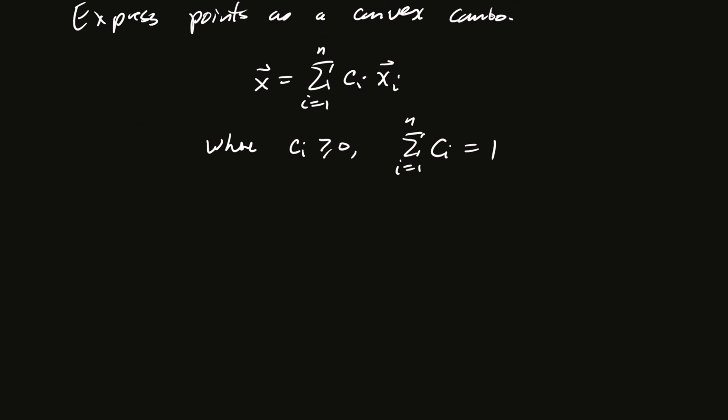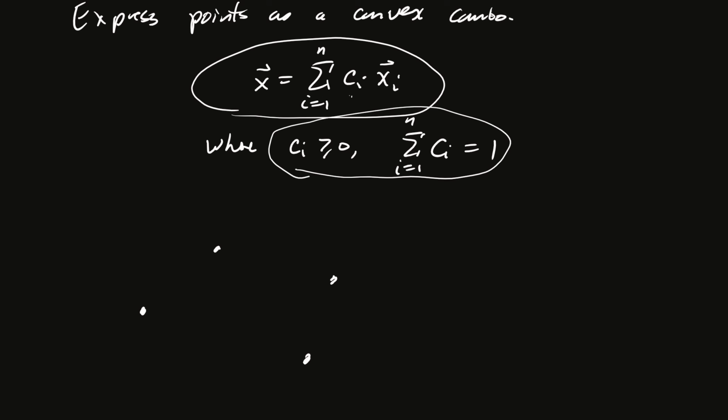In fact, if we have a set of points like this, the set of all convex combinations, for a generic C that satisfies these conditions, turns out to be what's called the convex hull of those points.